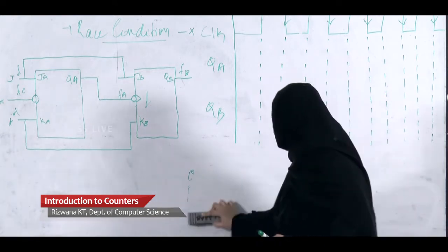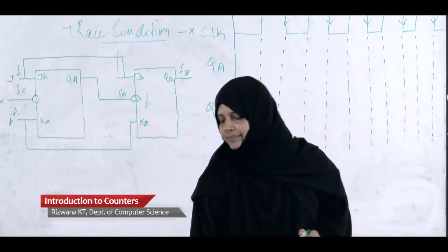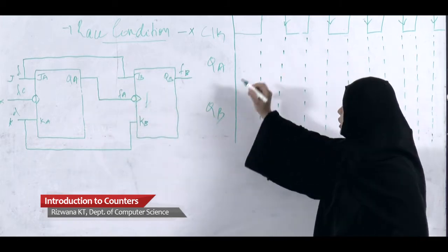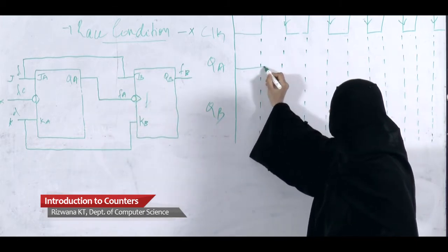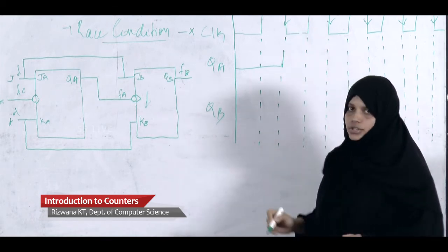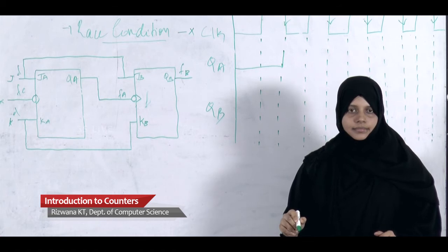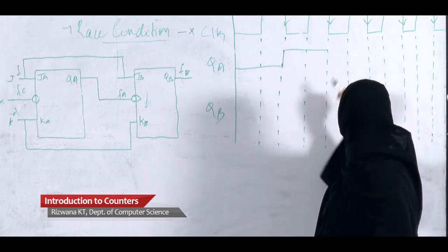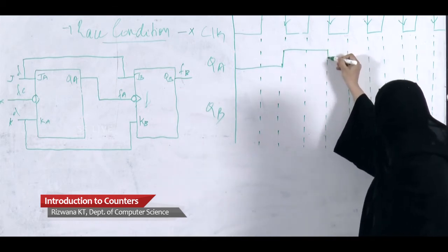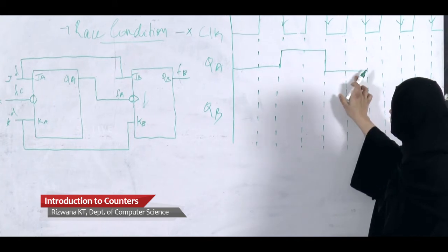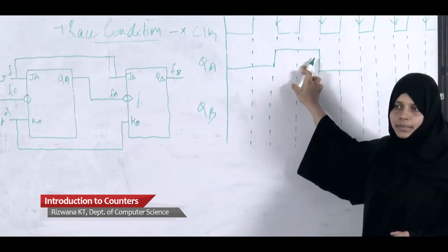Let us see QA, the output of the first flip-flop. This becomes active only during the falling edge of the first clock, and due to the property of the JK flip-flop, in the next stage the previous state will be complemented.